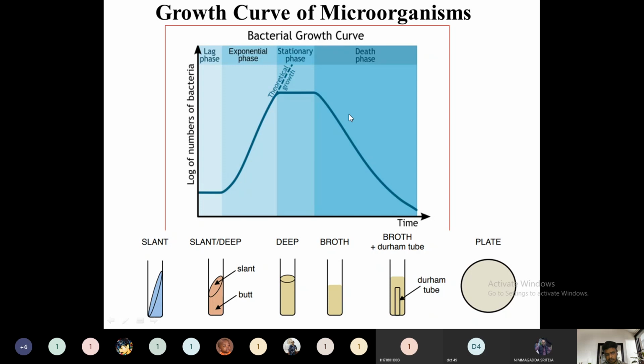So whenever cells are nearing the death phase, we can take these bacteria or microorganisms and give them to fresh growth medium. If you want to extend these phases, so that the bacteria do not go to the death phase, we have to give some fresh inoculation.